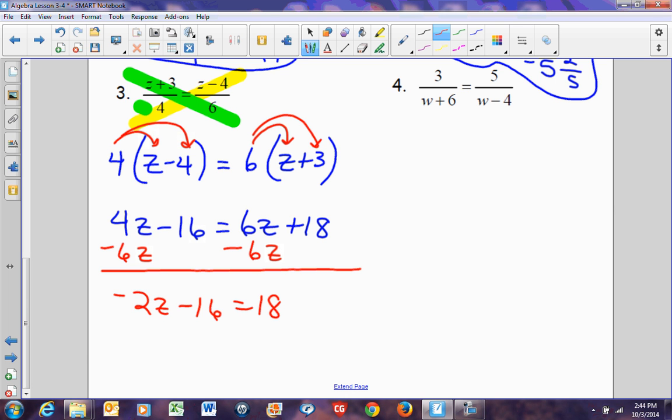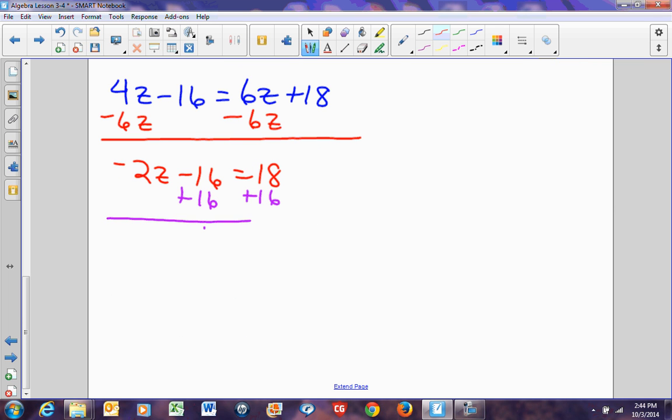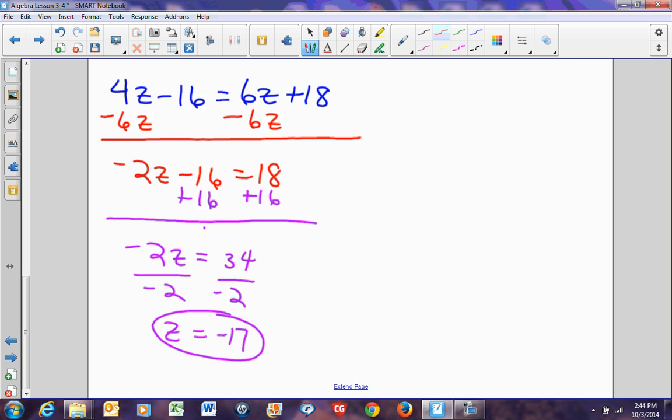I've got to get all my numbers on the same side, so I'm going to add 16 to both sides of the equation. And I have negative 2z equals 18 plus 16, which is 34. Divide by negative 2, and z will equal negative 17.